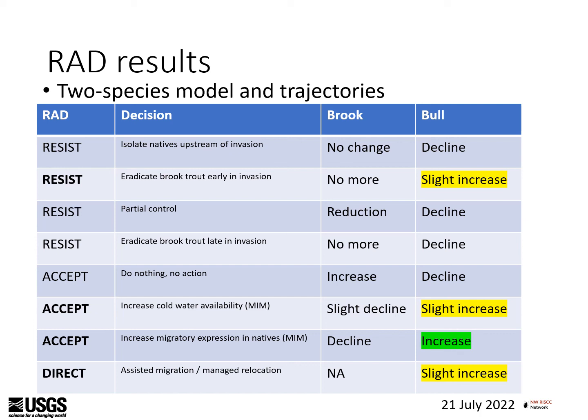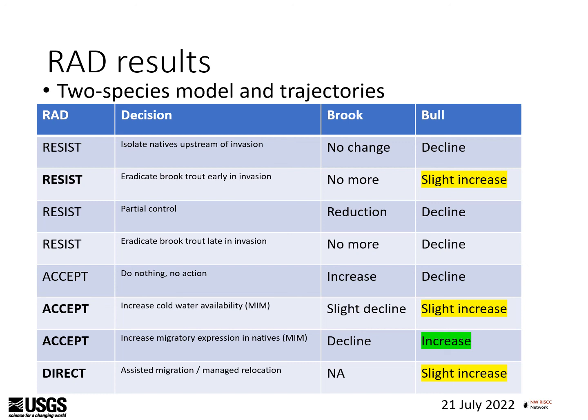But looking at all these RAD alternatives that we identified for this 2-species system, we found that there was a resist option that produced a slight increase in population of bull trout and eradication of brook trout. That was complete eradication early in the invasion, so that EDRR approach was successful. For accept, there were 2 alternatives that worked. One was increasing cold water, the other was increasing migratory expression in bull trout.